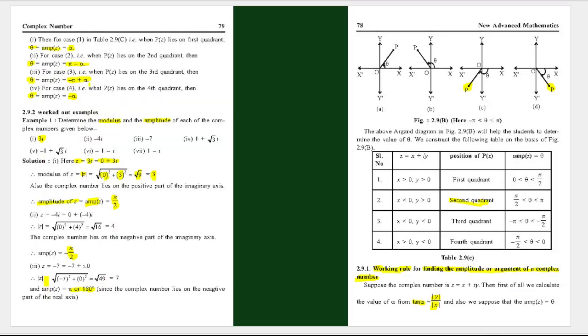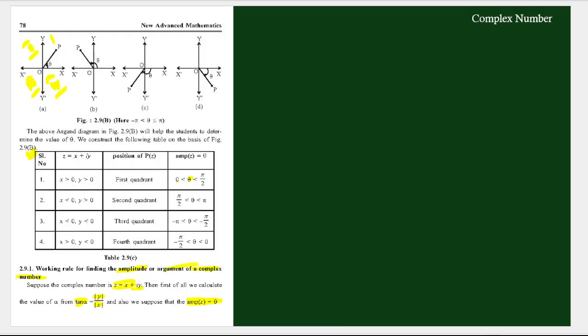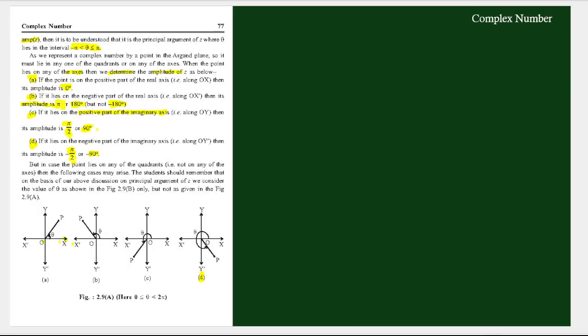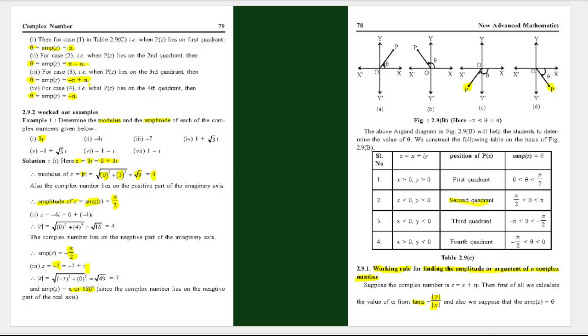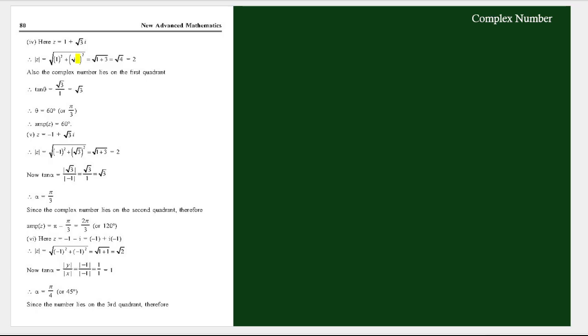Now it comes real, minus 7. That means the negative part of the real axis. If it is on the negative part of the real axis, then it is pi or 180 degrees. In this way, okay? Modulus you already know.